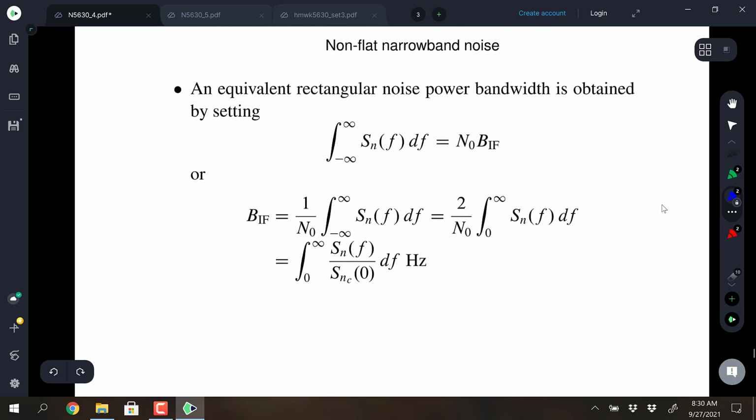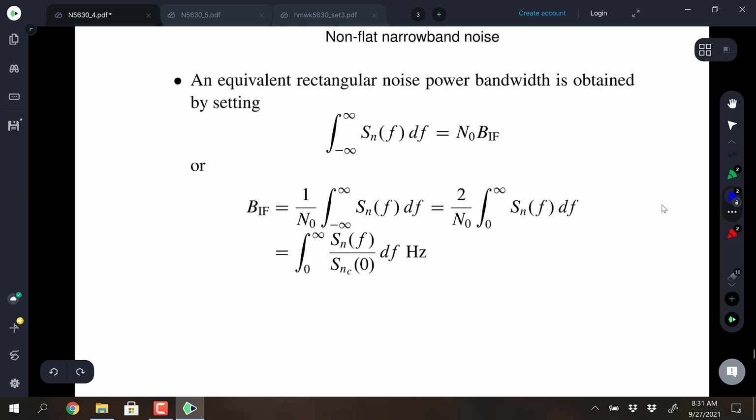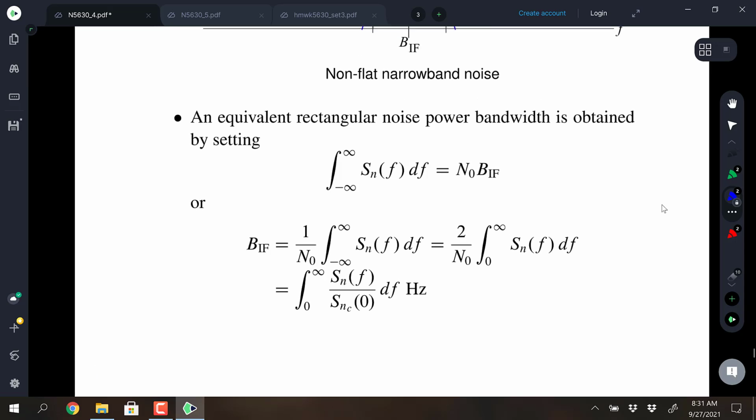You can then define the noise equivalent bandwidth for that situation and use B_IF as the noise equivalent bandwidth in the definition. So the B_IF here would be the noise equivalent bandwidth for the receiver front end, and this would more than likely be the way the receiver has been specified.